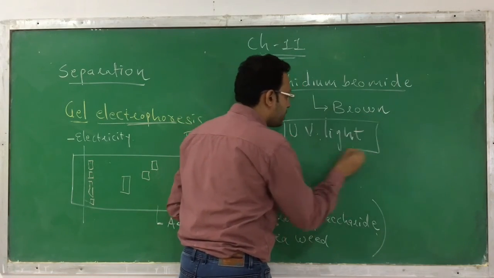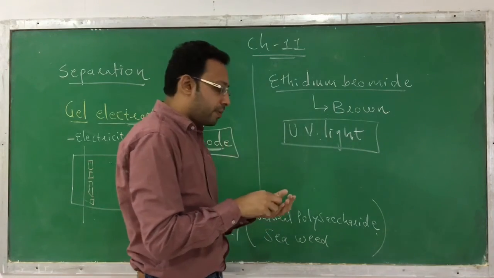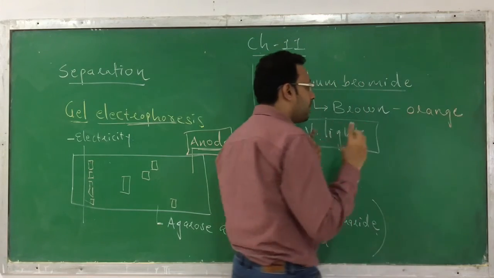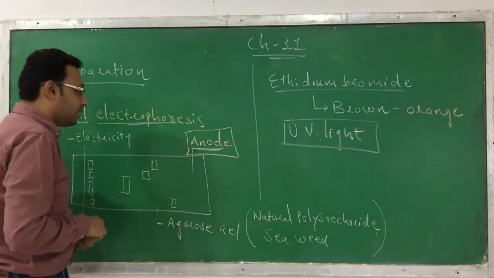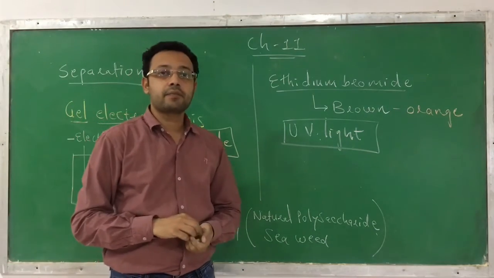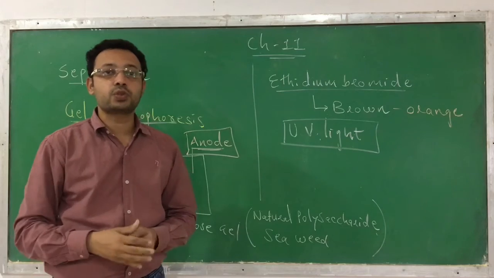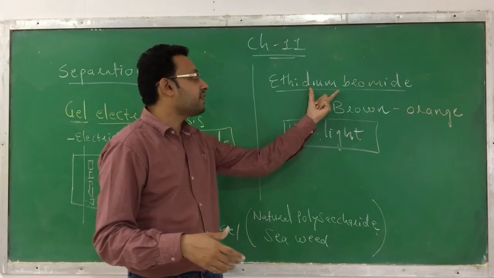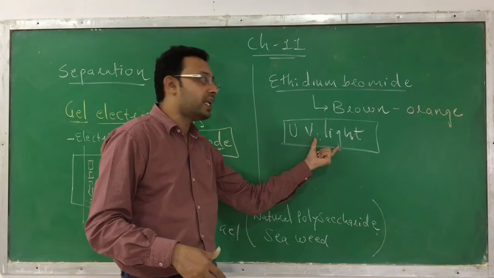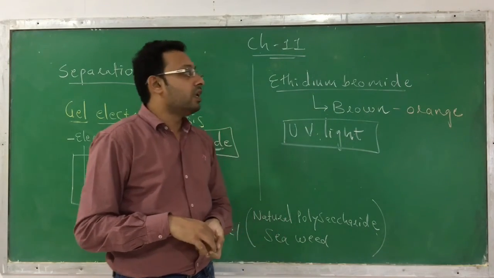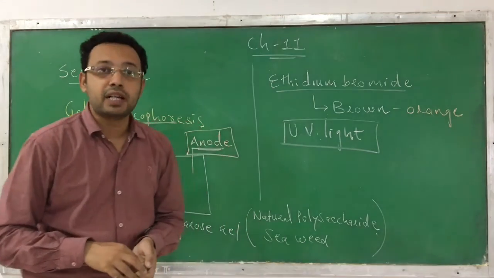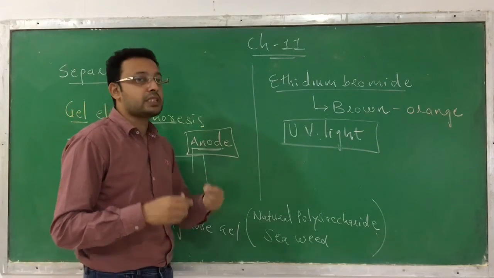When we observe under UV light, we can see the brown-orange colored stains, and they are considered as the fragments of DNA. Remember, DNA cannot be observed through the naked eye. It requires a special staining chemical like ethidium bromide, and then we observe under UV light. Then we can see the brown-orange stain of the DNA fragments, even though it cannot be seen under visible light.